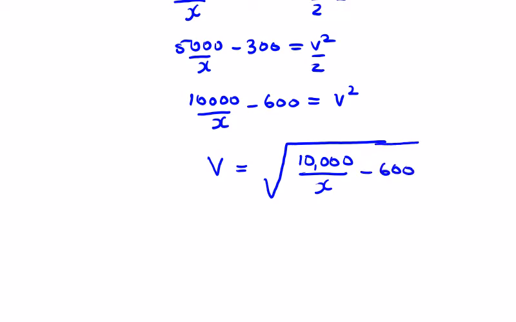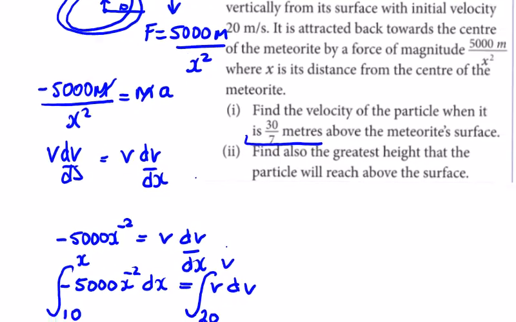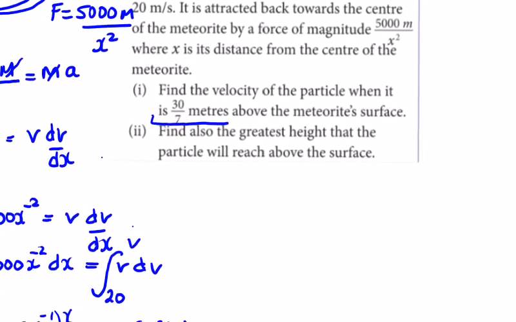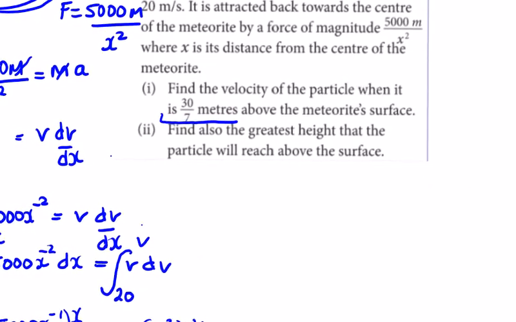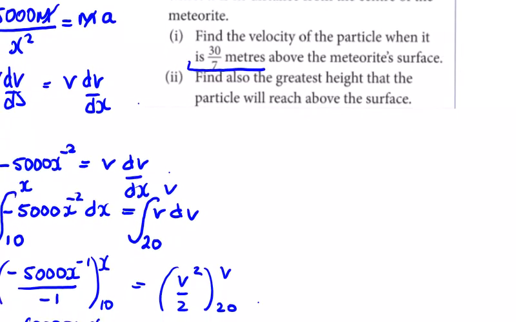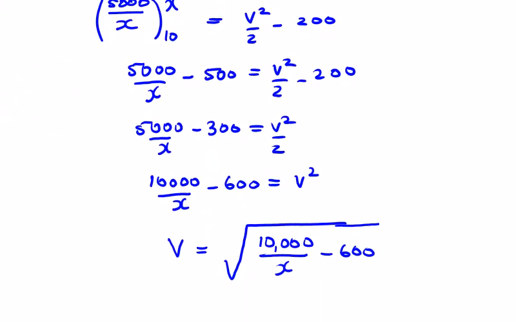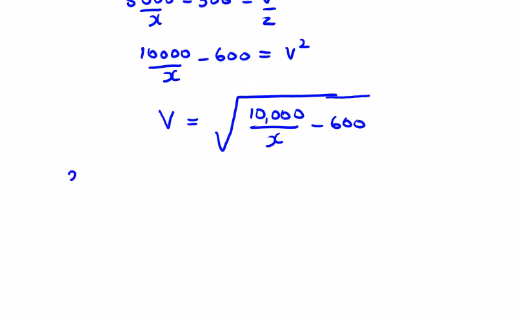And we were asked to find the velocity of the particle when it's 30/7 meters above the meteorite's surface. So the 30/7 above the surface, we'd have to add 10, which is 70/7.